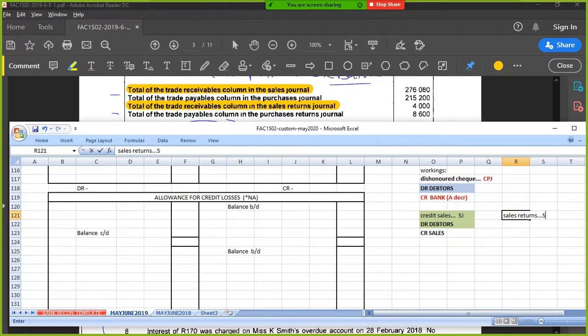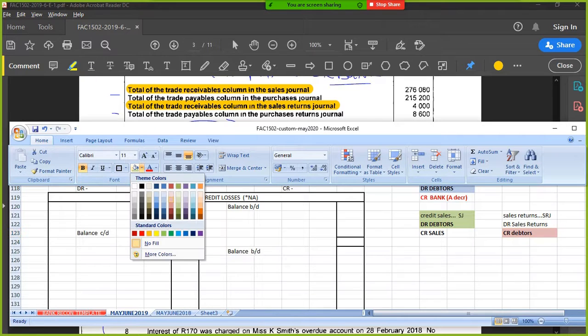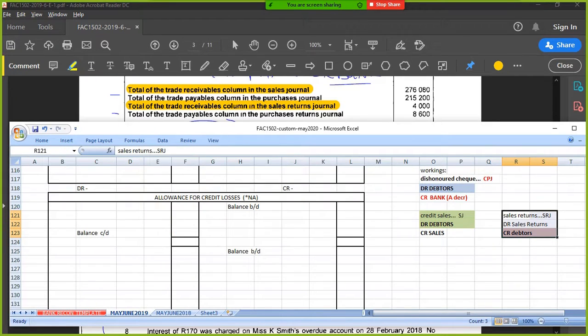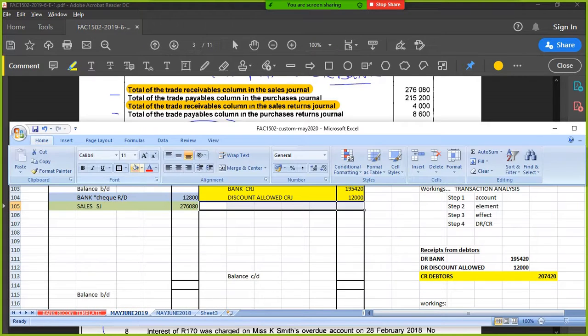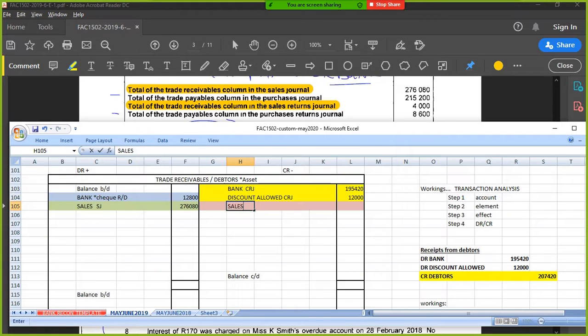Sales returns journal, SRJ. You'll have debit sales returns, credit debtors. What does the working say I must do to my debtors? Credit. The working is the answer. Credit your debtors. Sales returns will decrease your debtors.